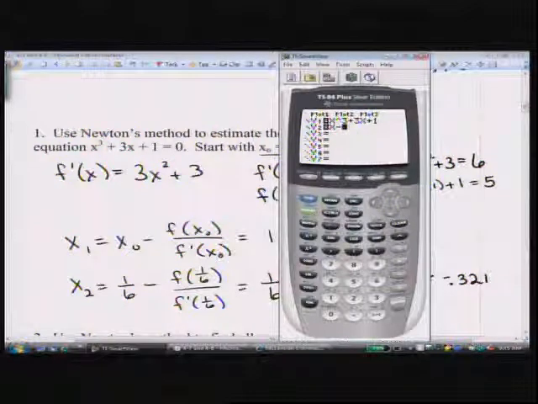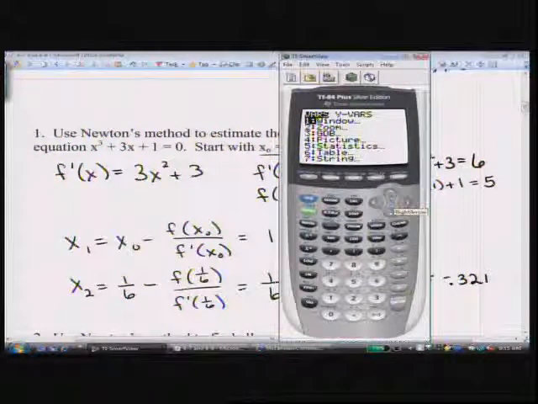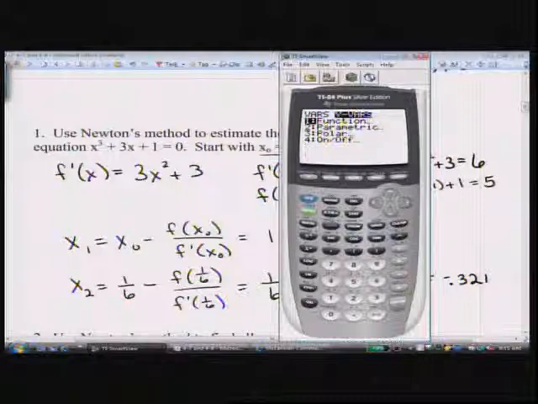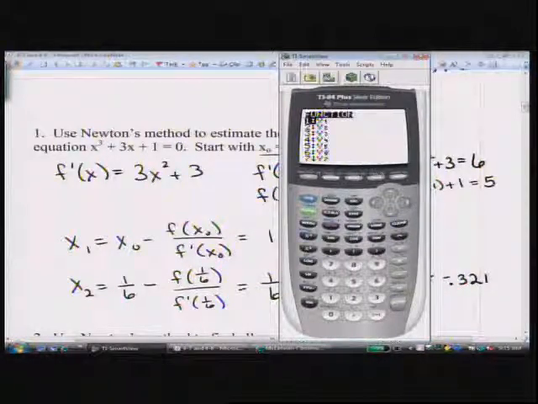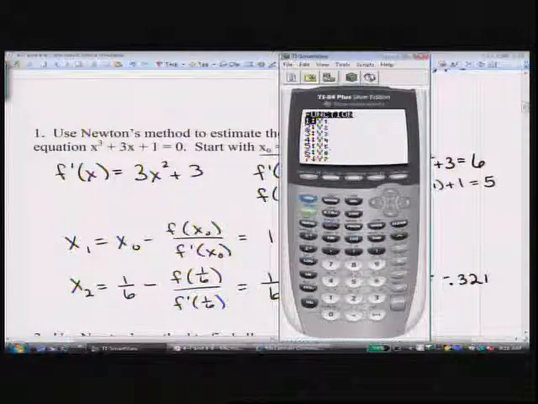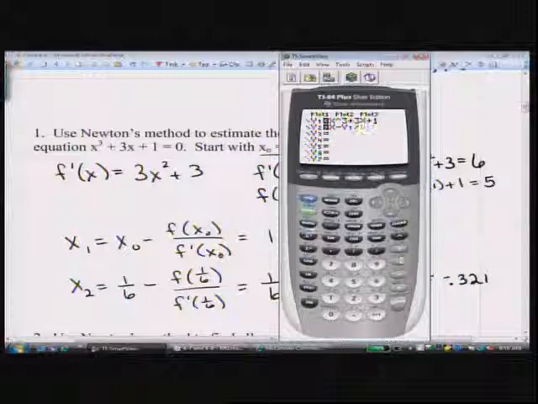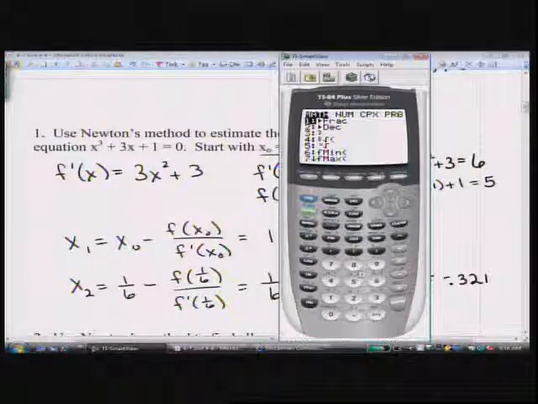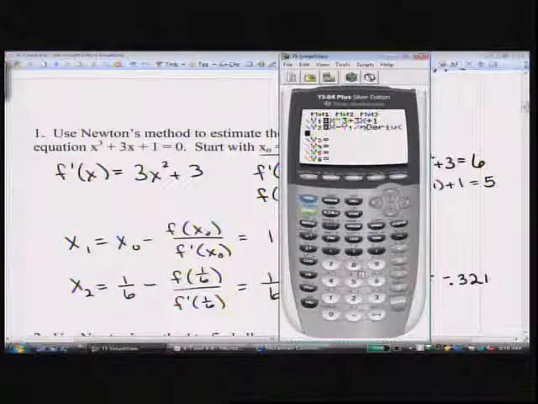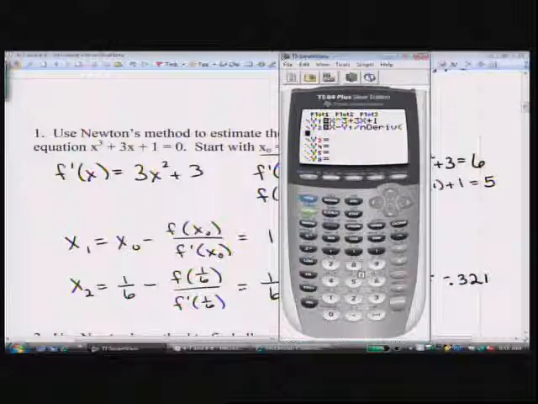So I hit the vars button, and then I go over to y vars, and then choice 1 is function, and you can grab any of your previous functions. So I'm going to grab y1. And then I'm going to divide that by the derivative of y1. So now I'll do math, and then choice 8 was the derivative, and I have to do it of what?